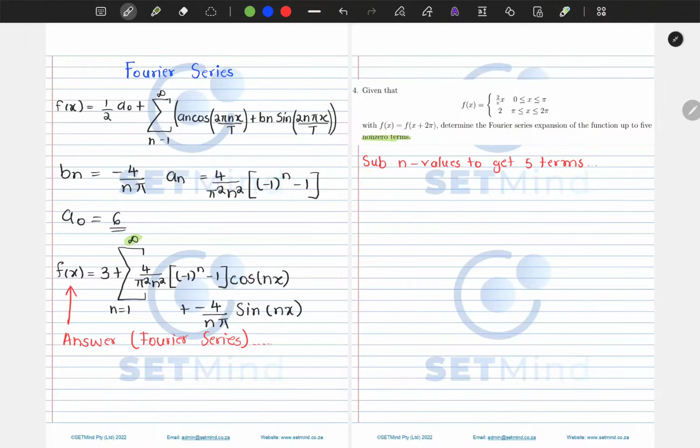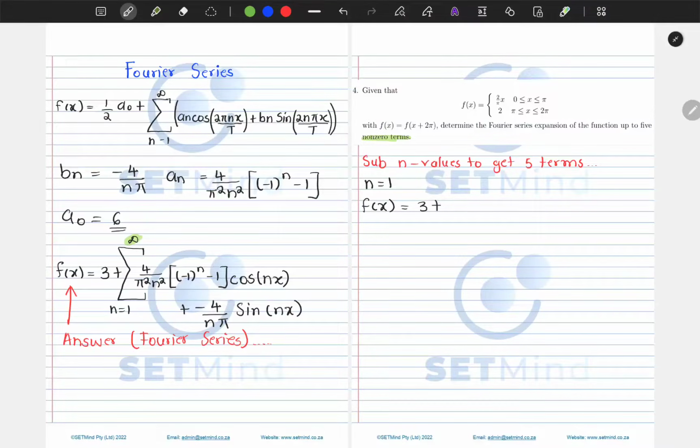So what that means is I'm going to start by looking at n is 1. So when you look at n is 1, it means we need to go to our series. Wherever we see n, we put in 1. So we'll have f of x, and we'll do it for at least 5 terms such that we don't get any zero values.